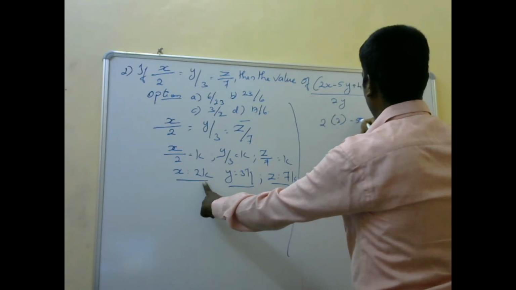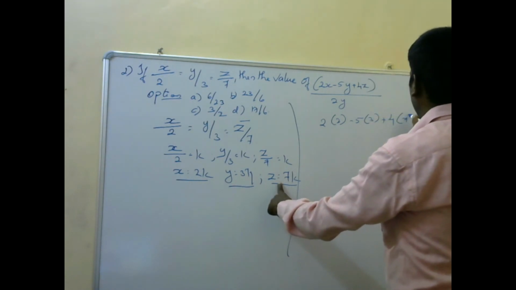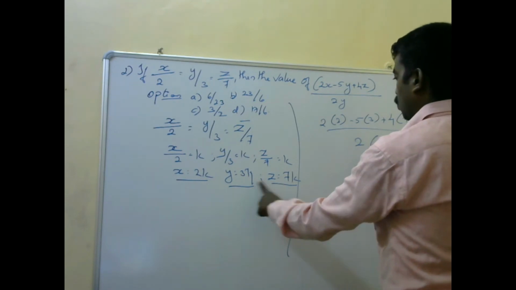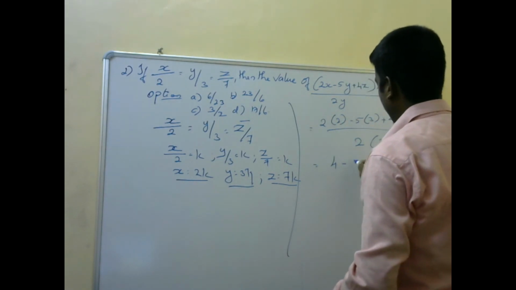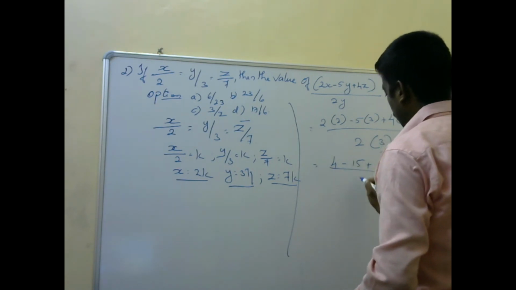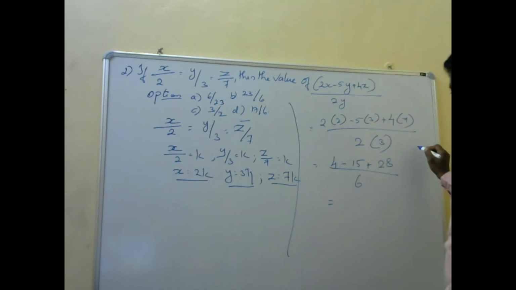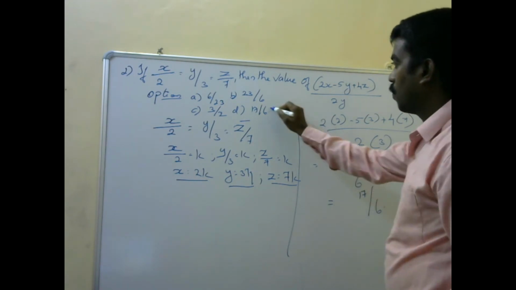So 2 times 2 minus 5 times 3 plus 4 times 7, divided by 2 times 3. 2 twos are 4, 5 threes are 15, 4 sevens are 28, 2 threes are 6. 28 plus 4, 32, minus 15 is 17. So 17 by 6. Option D.